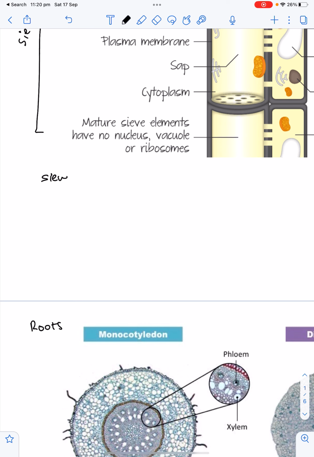Sieve tube elements, or just sieve elements, have perforated end walls. They are thick and rigid.